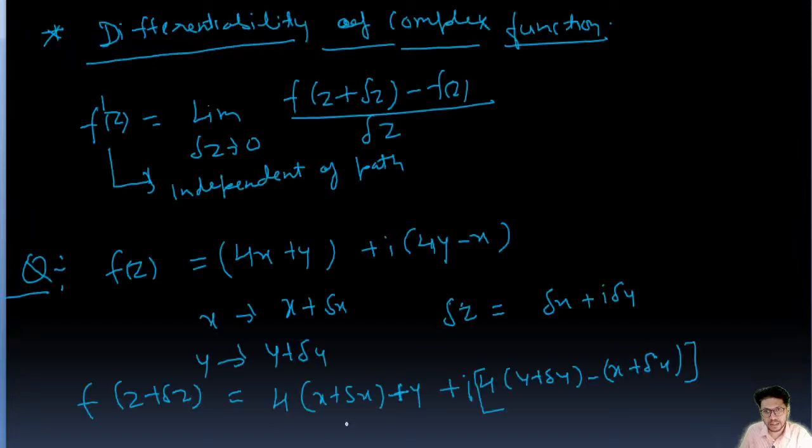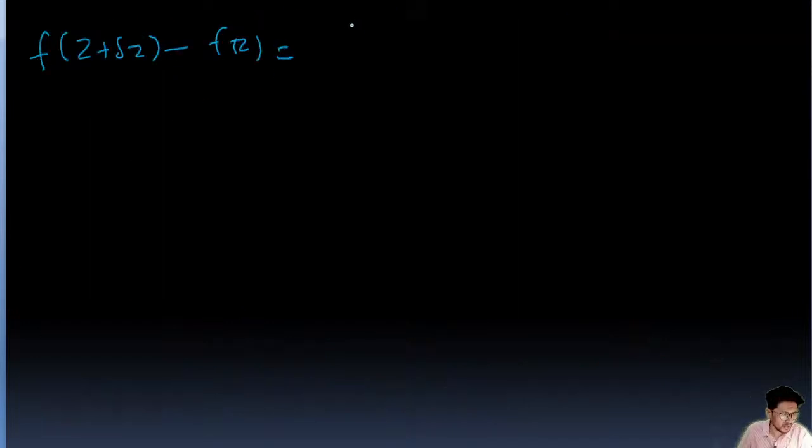Okay, this is f(z plus delta z), and this is f(z). We'll subtract it. So you can see 4x will get cancelled, and 4 delta x will remain. Similarly here, very easy calculation. So this value is going to be 4 delta x plus delta y, plus iota times (4 delta y minus delta x).